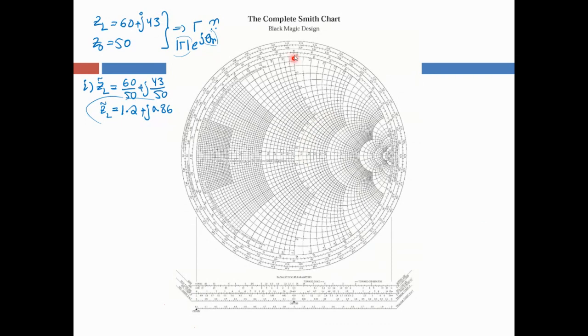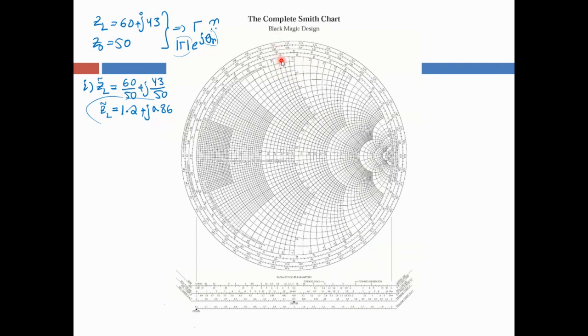But the imaginary part has to be 0.86. So this is 1, this is 0.9, 0.8. Between 0.8 and 0.9 is 0.85. You see that?